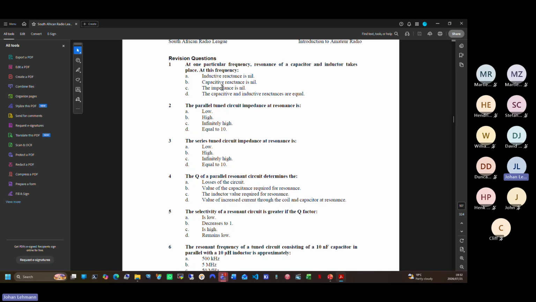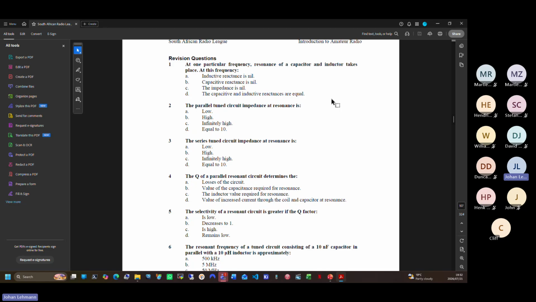Okay, so question 1. At one particular frequency, resonance of a capacitor and an inductor takes place. At this frequency, what would the answer be? I'd go with C. D. Nope, I think D. D, delta. Okay.